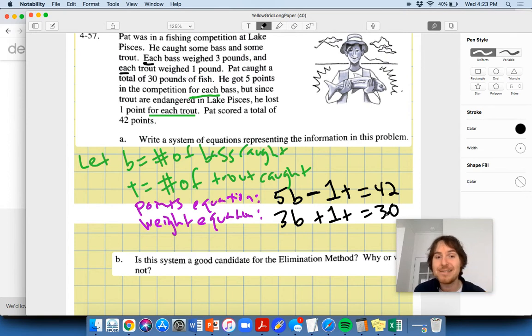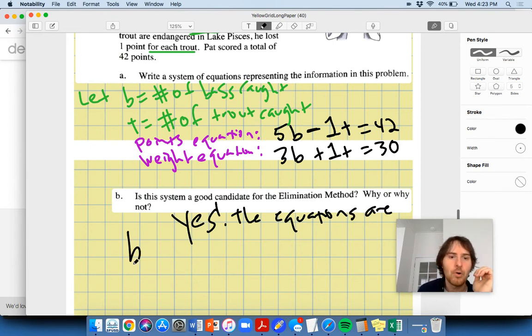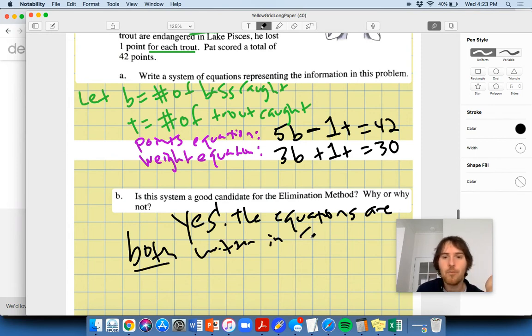All right, great system. The equations are written in standard form, right? A number times a variable plus or minus a number times a variable equals a number: Ax plus By equals C. Both equations are written in standard form, and this whole thing is just set up for us.